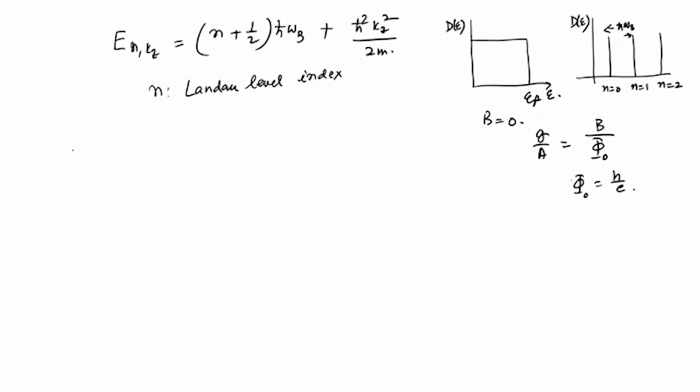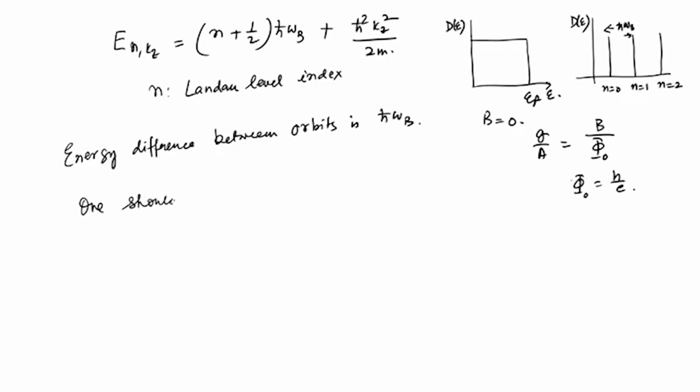So, the energy difference between various circular orbits that we just talked about is h cross omega b, and so one should be able to relate now the delta A, the area of this concentric region, to this h cross omega b.